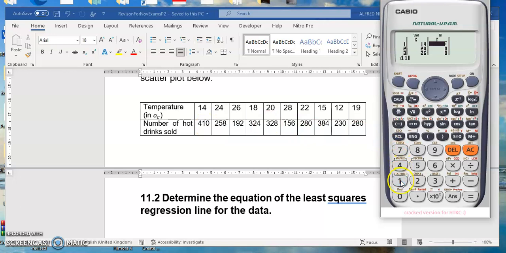So I'm going to type 410 equal, then 258 equal 226 equal, then I move to 18 equal 20 equal 28.